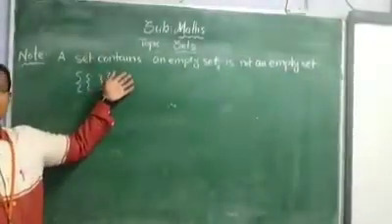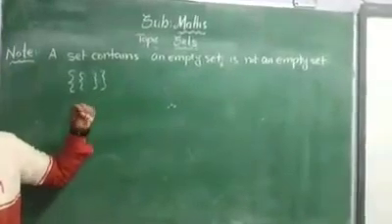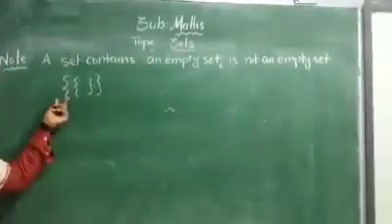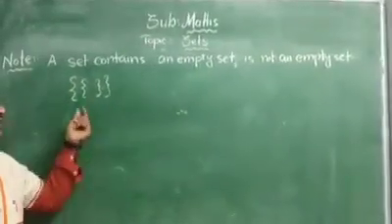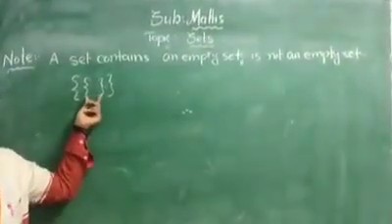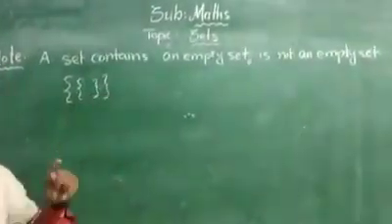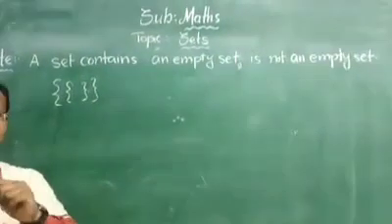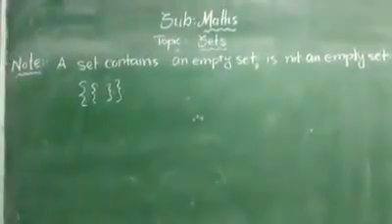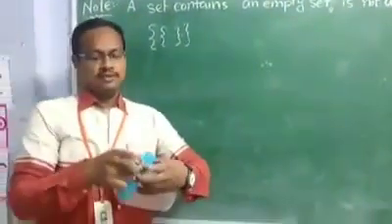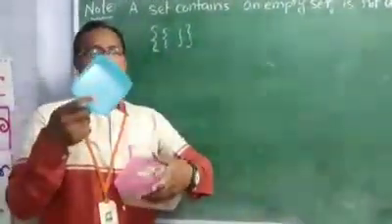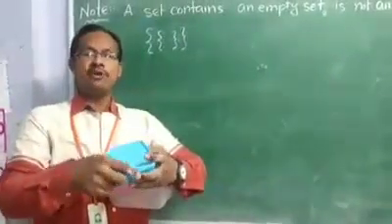So an empty set means without any elements. Now I have a doubt whether a set containing an empty set is empty or not. To understand this, I would like to show an activity. See here, this is a box where nothing is there. That means it is an empty box.